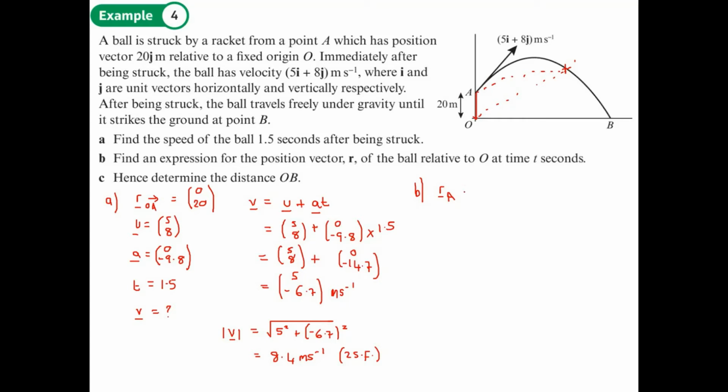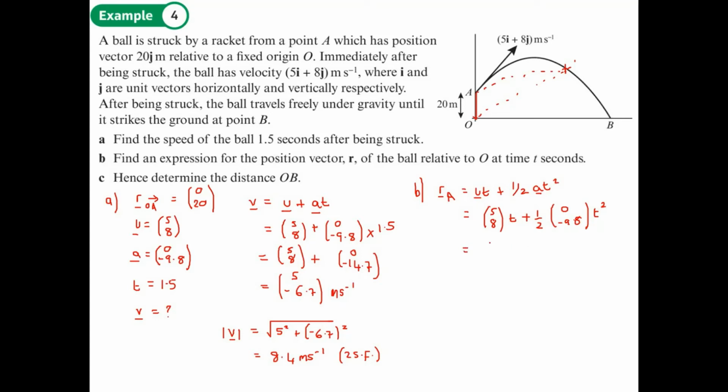Okay, so we can do that by using r equals ut plus half at squared, and just use all the information that we've got already. So I know that u is (5, 8), and I know that the acceleration is (0, -9.8), times t squared.